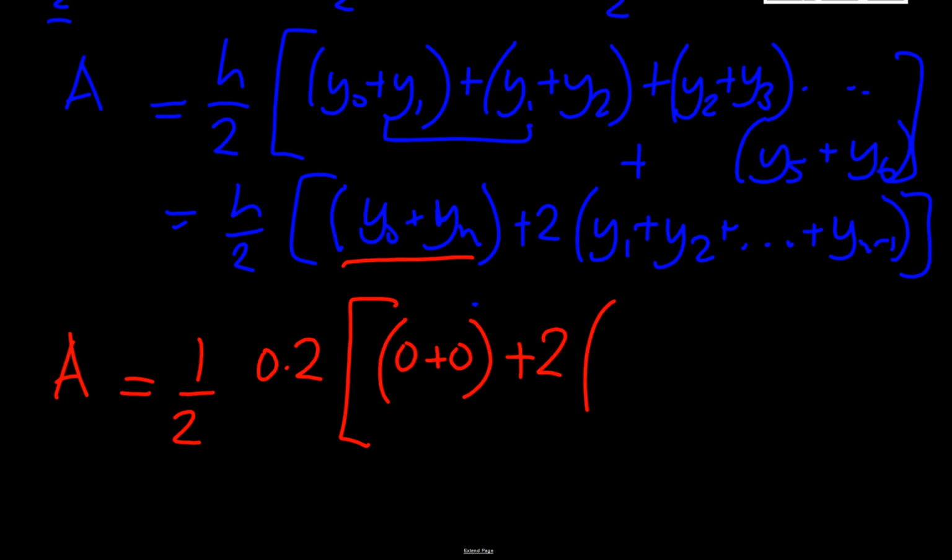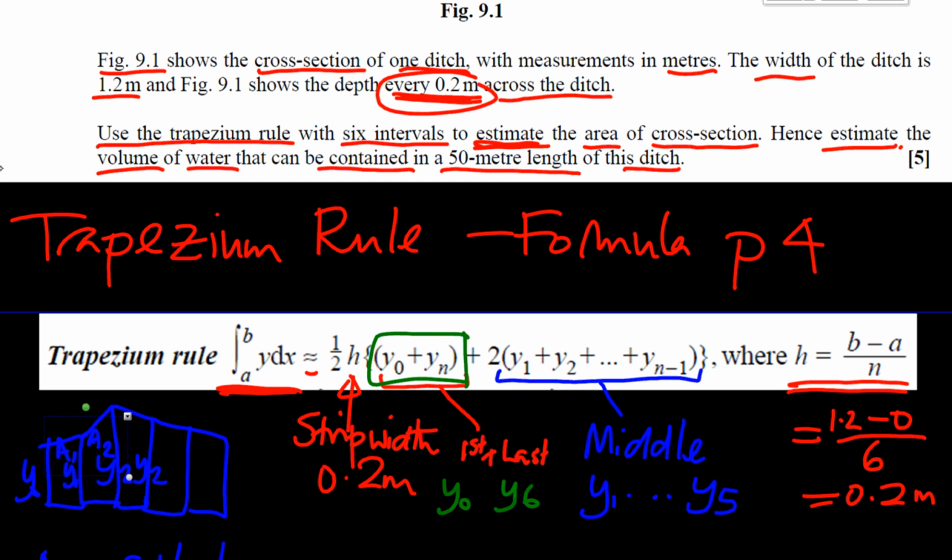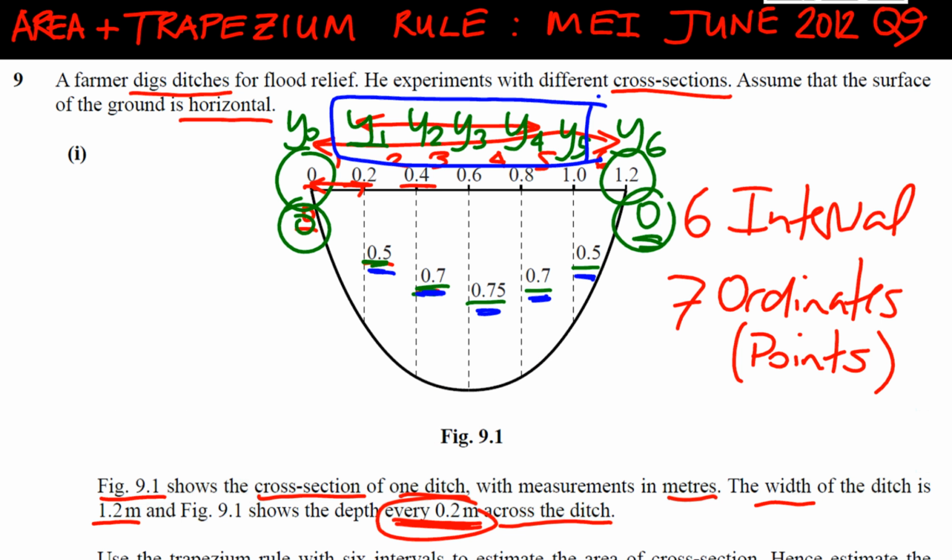And luckily nice and symmetric. So we've got 0.5, 0.7 and 0.75. So let's put those in. So we'd end up with 0.5 plus 0.7 plus 0.75 plus back to 0.7 again and back to 0.5.